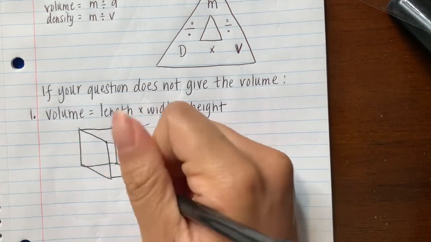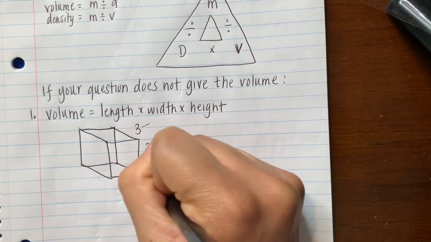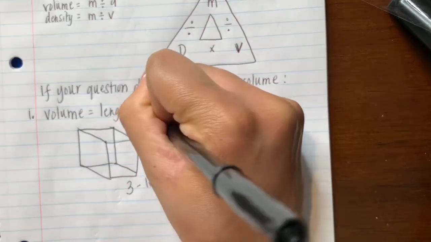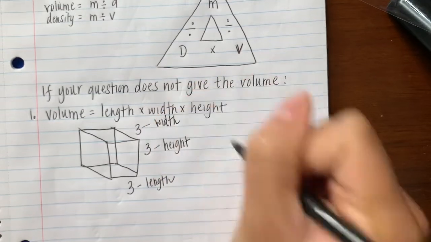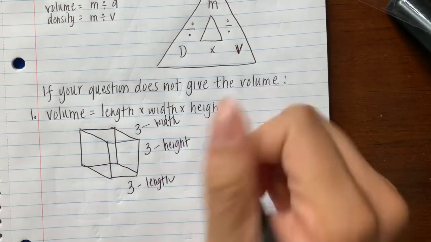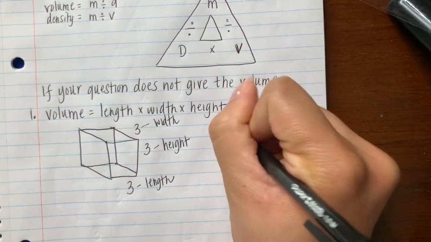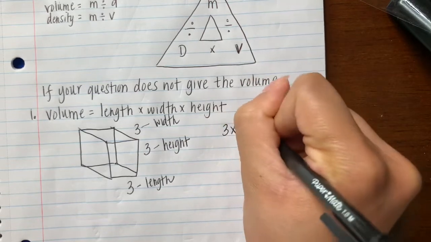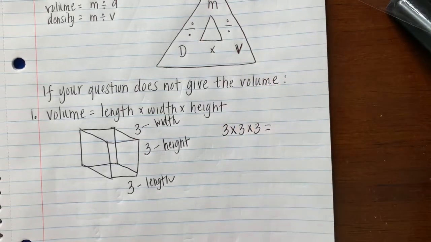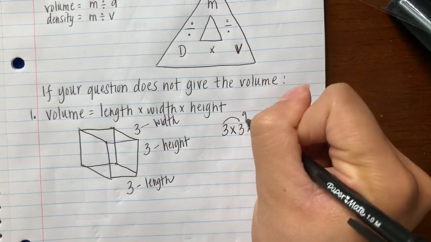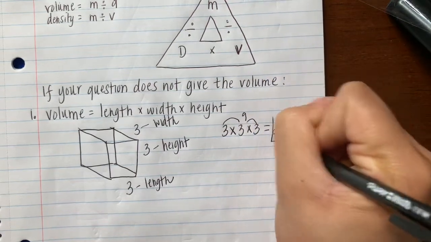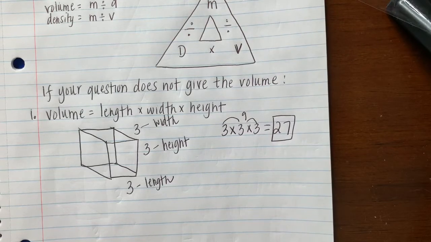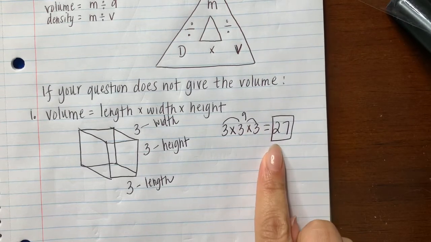I have my length, I have my width, I have my height. And they're all 3. I'm gonna multiply 3 times 3 times 3. 3 times 3 equals 9. 9 times 3 equals 27, which is now my volume.